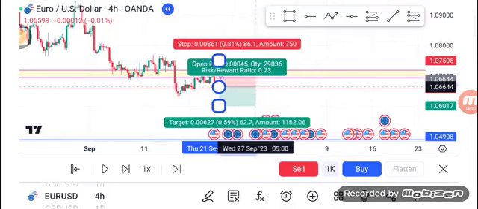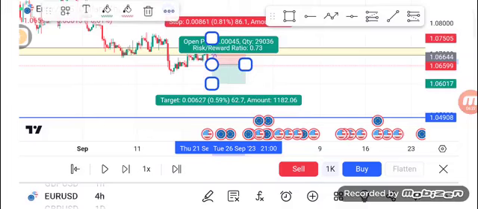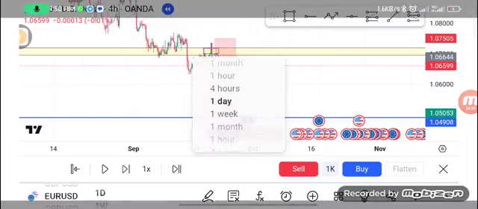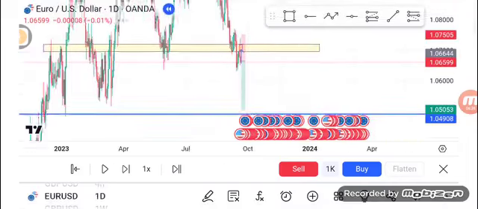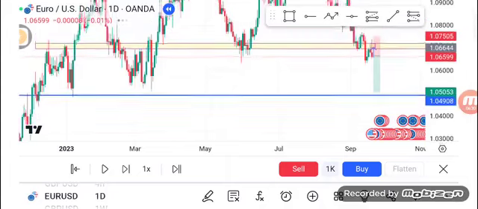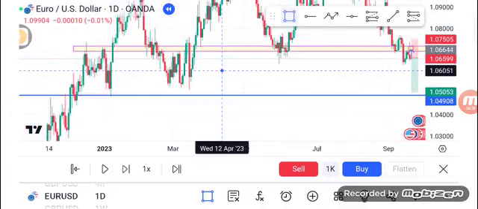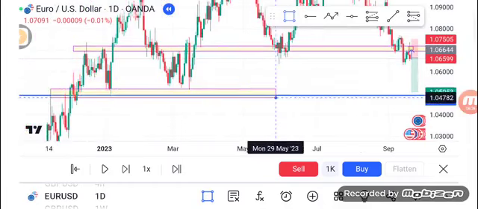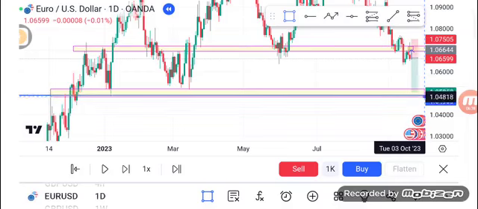Now note that this strategy can be taken on any time frame. I'm a daily swinger, I swing on the daily time frame, and I took my trade on the 4 hour time frame.